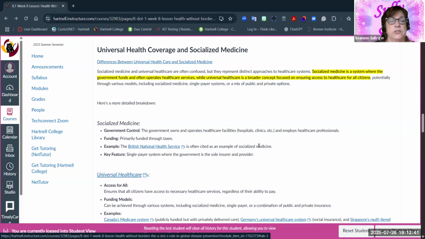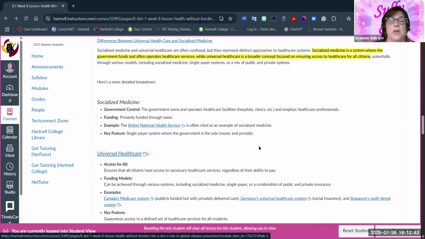So for example, in socialized medicine, the government owns and operates the healthcare facility, right? Socialized medicine has to do with the government funding the system. So the government owns and operates the hospitals, the clinics, and employs the healthcare professionals, like you work for the government, funded through taxes.